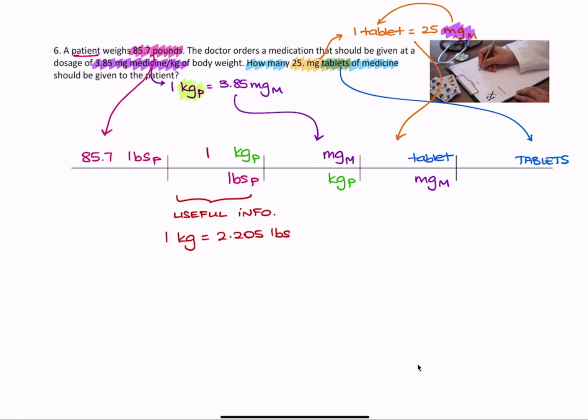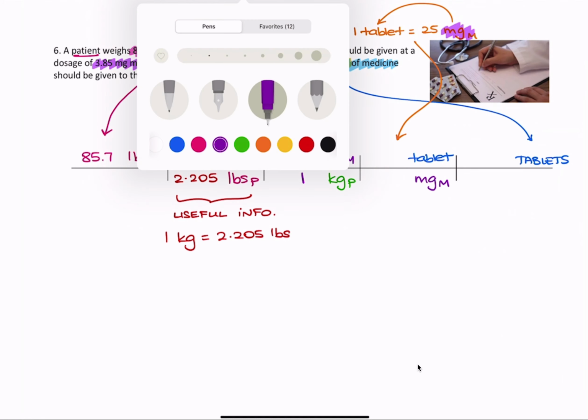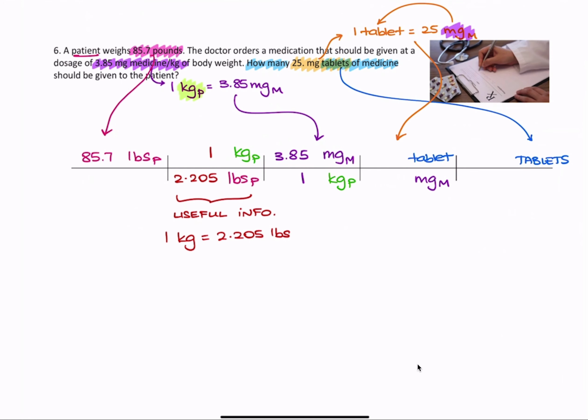Therefore, I can build my conversion factor. 1 kilogram is equivalent to 2.205 pounds. By using the purple relationship, I can write my second conversion factor. 1 kilogram of patient is 3.85 milligram of medicine. And using the orange relationship, I know that every tablet contains 25 milligrams of med.